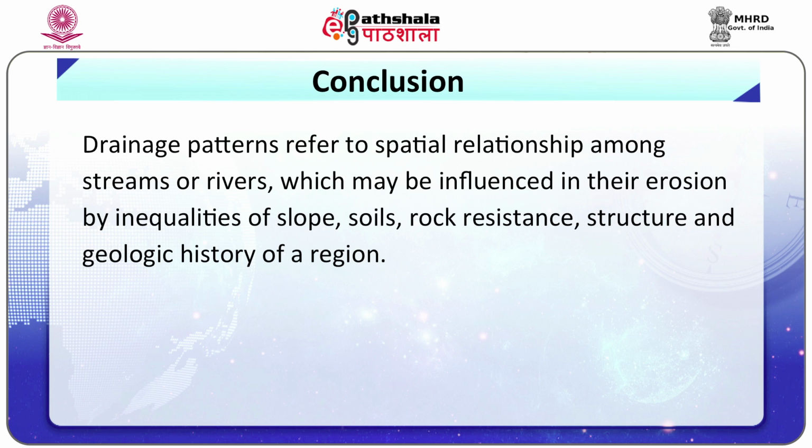Drainage pattern refers to the spatial relationship among streams or rivers, which may be influenced in their erosion by inequalities of slope, soil, rock resistance, structure and geologic history of a region.